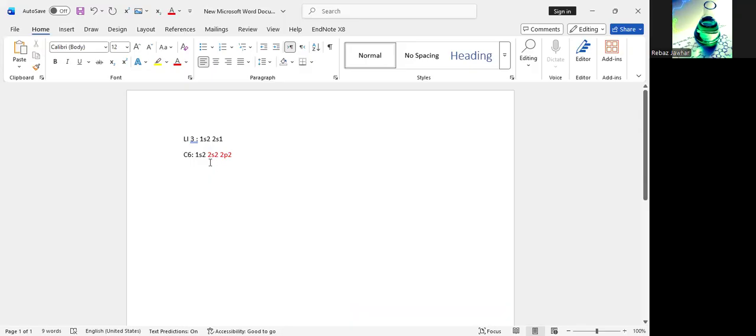You have to take the highest energy level, 2 and 2. We have 2s and we have 2p. How many electrons are there for the s? 2. And how many electrons for p? 2. So the valence electrons for carbon are 4. Then, to determine the Lewis symbol, write down the chemical symbol for carbon, as shown in your book.